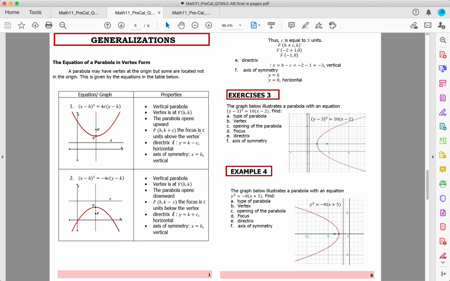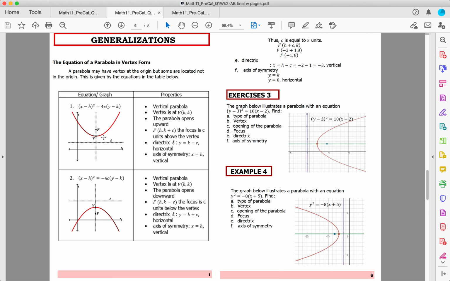On the other hand, this one would be a little bit challenging because you have to be careful in counting your focus and identifying your vertex as well as the directrix. You have to be careful in identifying the coordinates of the point because your counting must be accurate.